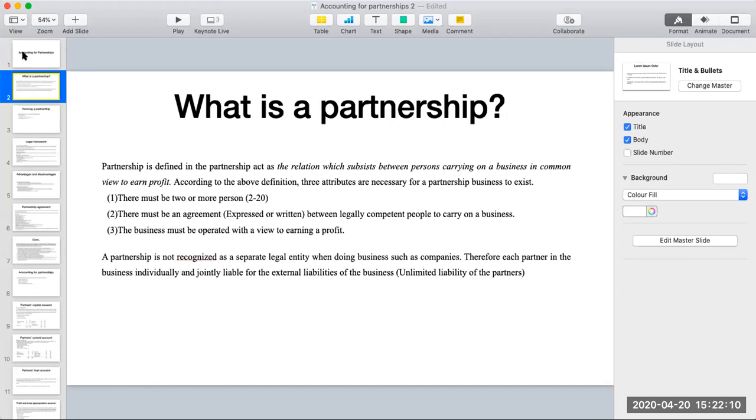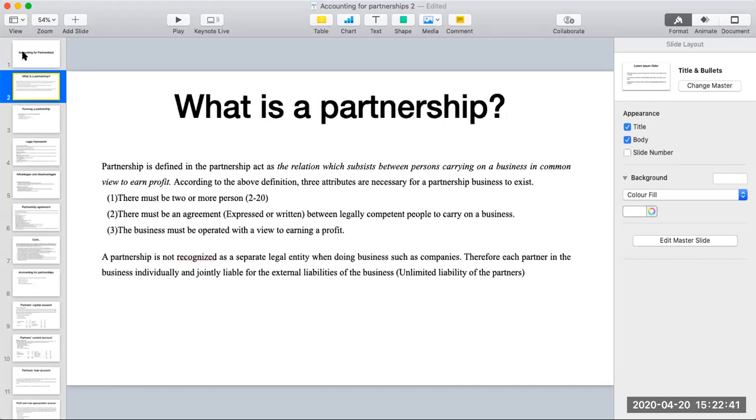So accordingly, in order for a business to be a partnership, there have to be several elements. What are they? There must be two or more people. According to the Companies Act, a partnership will include a maximum number of 20 people. Then there must be an agreement between the people to carry out the business.